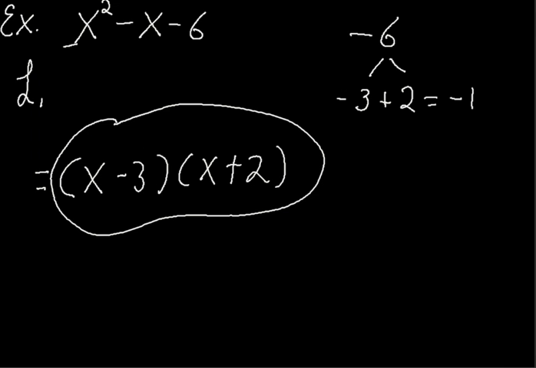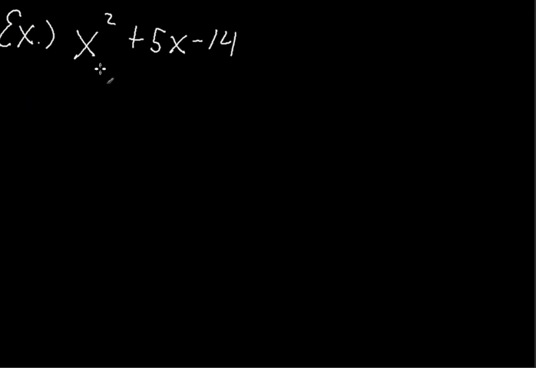In the next example, we have x squared plus 5x minus 14. Is this a leading coefficient of 1 problem? Yes, the leading coefficient is 1. Then I need to find the factors of negative 14 that add to 5.